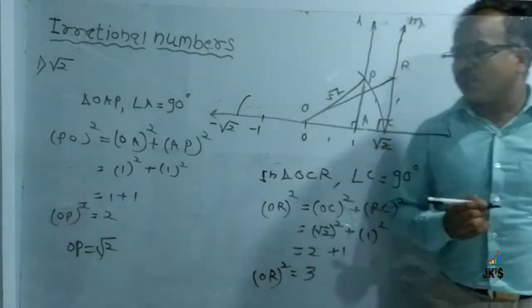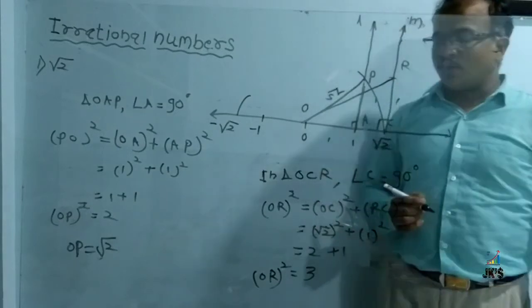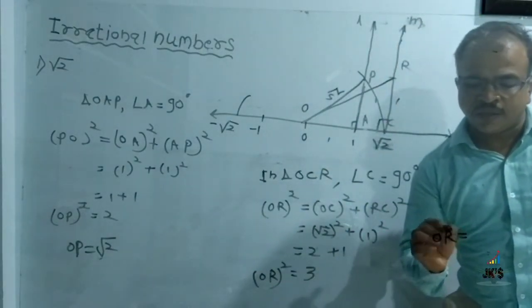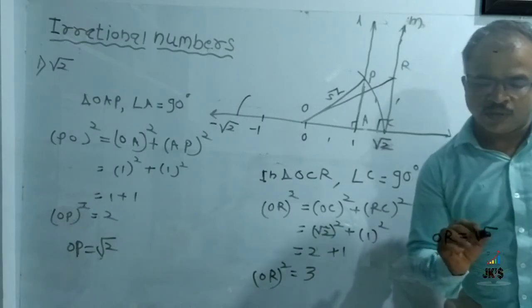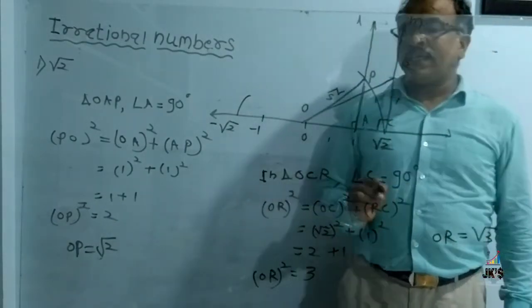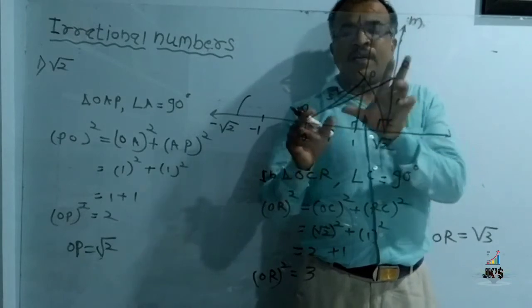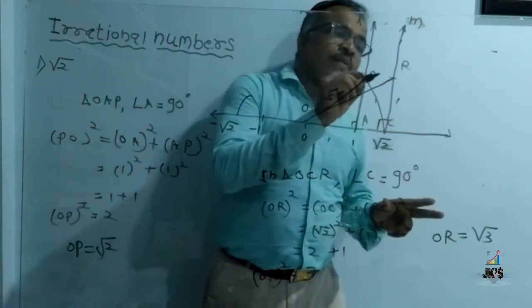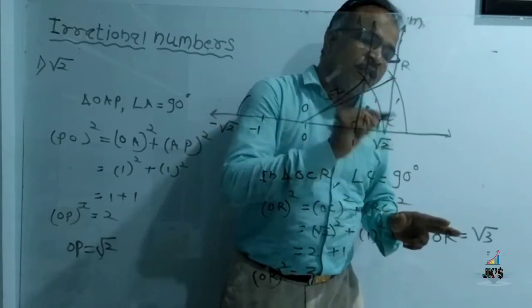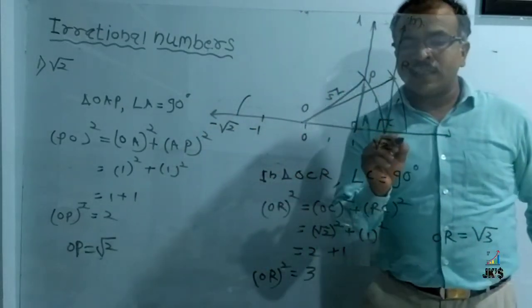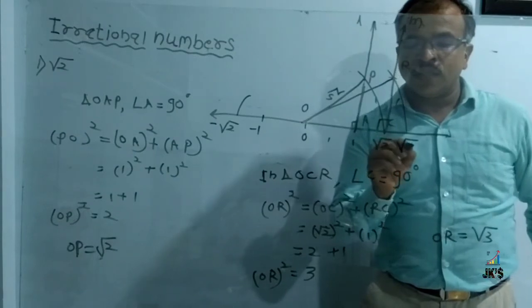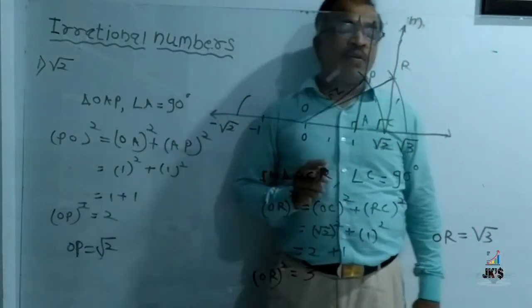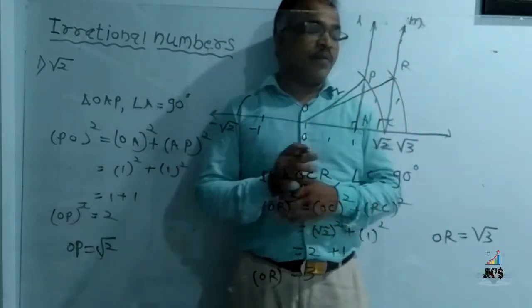By taking the square root of both sides, OR equals root 3. When we take the distance OR in the compass and draw the arc from point R up to the number line, that point is root 3. In this way, we can show irrational numbers on the number line.